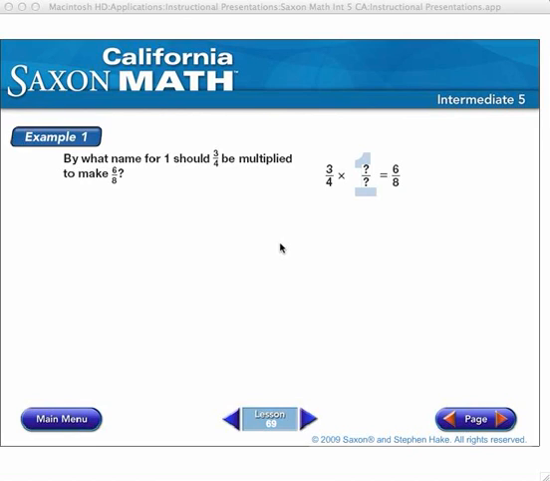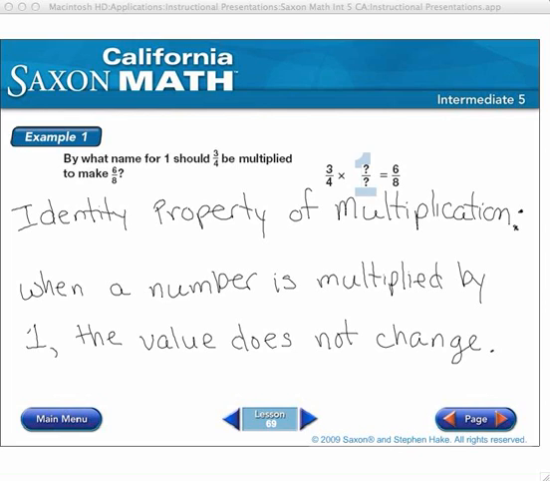So first, let's remember that an equivalent fraction, or let me back up. Let's start with the identity property of multiplication. The identity property of multiplication says, and write this down please, when a number is multiplied by 1, the value does not change. So when we apply this to fractions, this 1 is going to be a fraction.